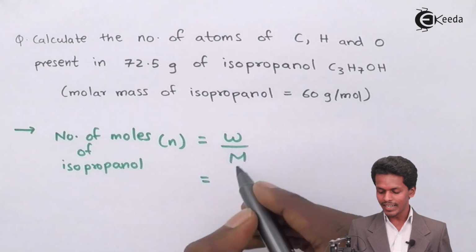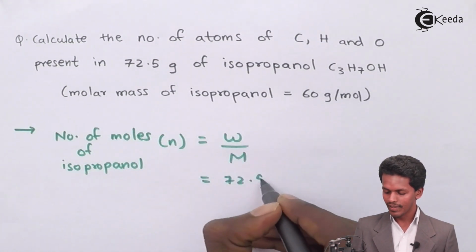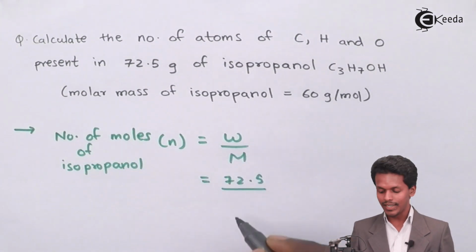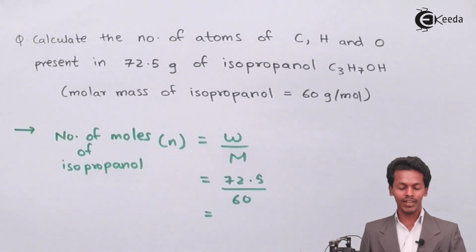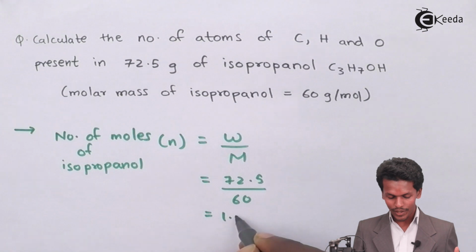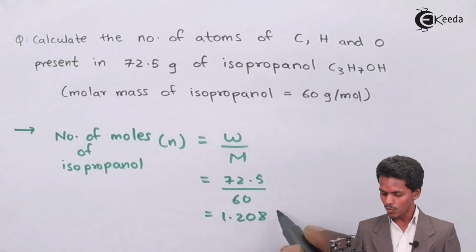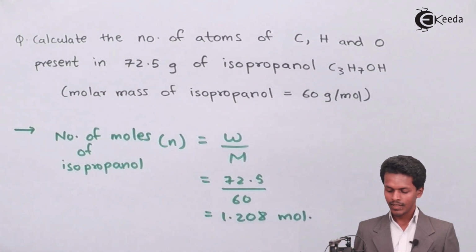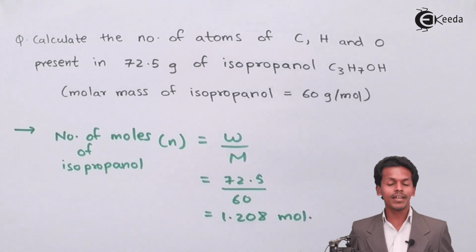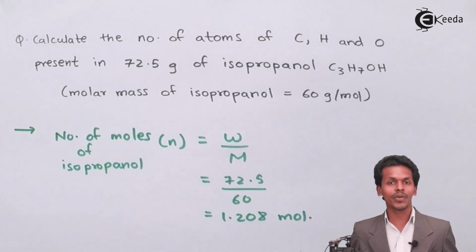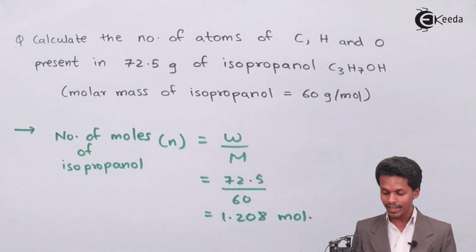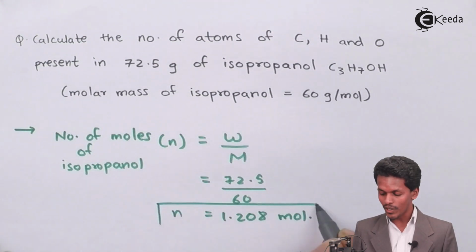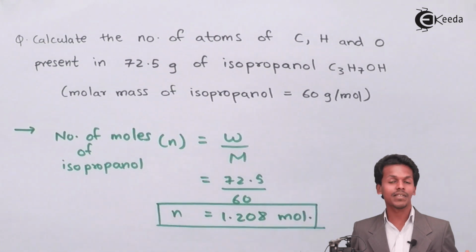The weight is given as 72.5 gram, and the molecular weight is 60. If we calculate these two things, we get a value of 1.208 moles. So the 72.5 gram of isopropanol provided to us is nothing but 1.208 mole of isopropanol.